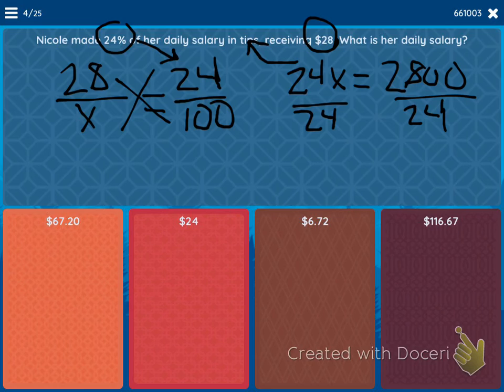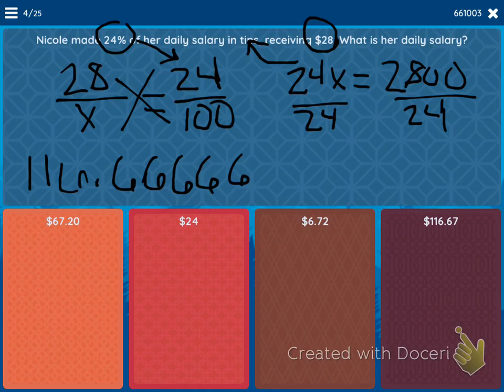And when we do 2800 divided by 24, your calculator is going to look like this: 116.6666667. Again, remember, this is the calculator's way of saying that it's 0.6 repeating, but it can't show it.